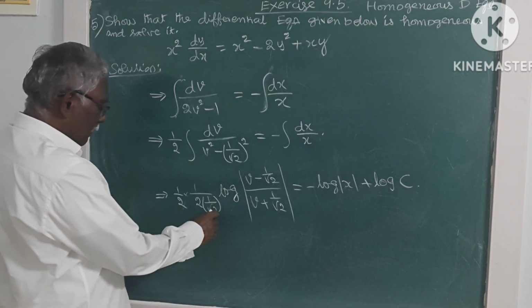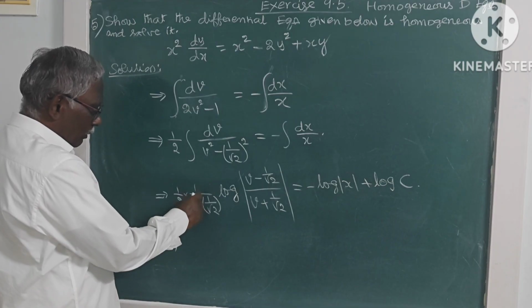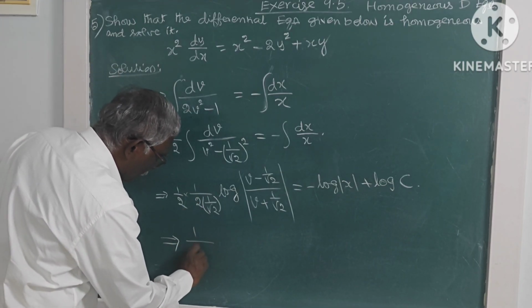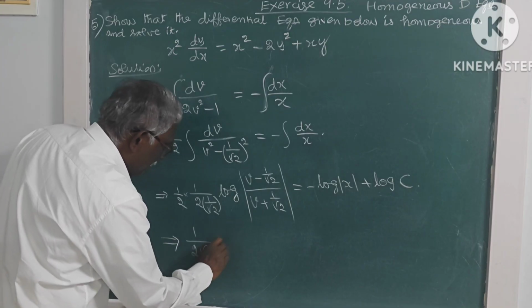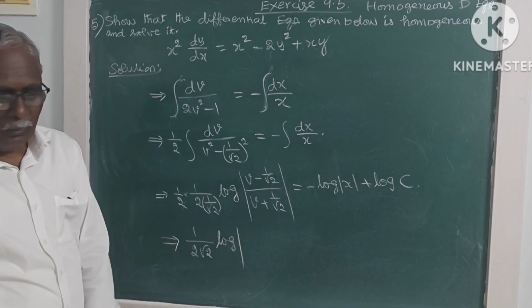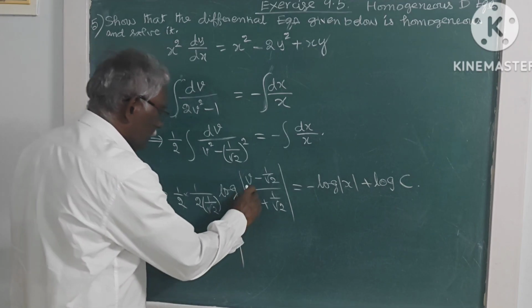So root 2 goes to the numerator, root 2 by 4 or 1 over 2 root 2, log of, v is y by x.